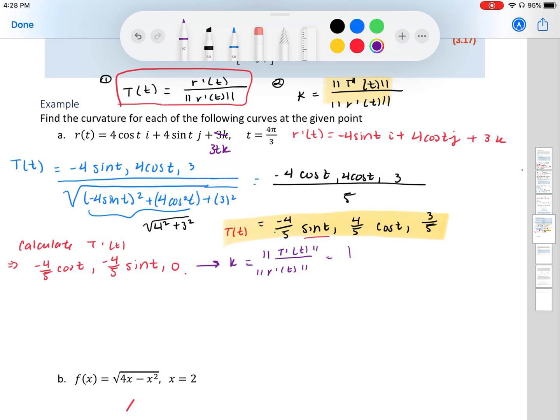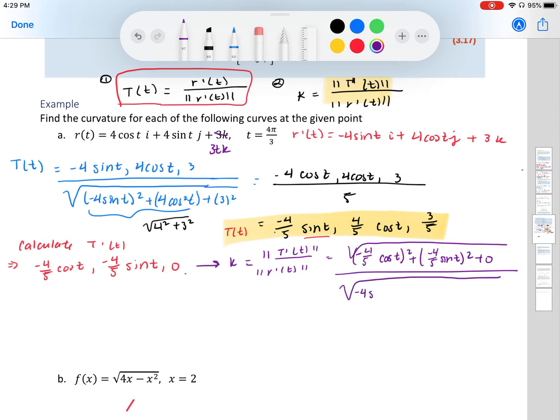Okay, so that we have the square root of negative 4 over 5 cosine of t squared plus negative 4 over 5 sine of t squared plus 0, divided by the square root of negative 4 sine of t squared plus 4 cosine of t squared plus 3 squared.